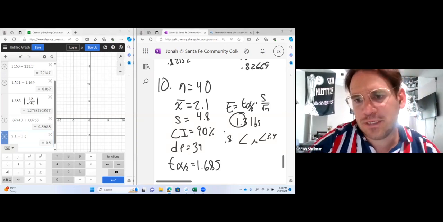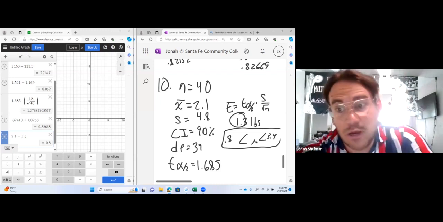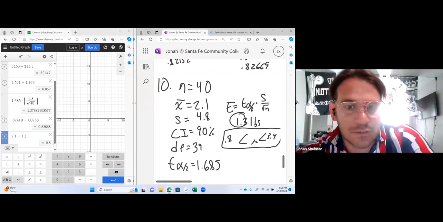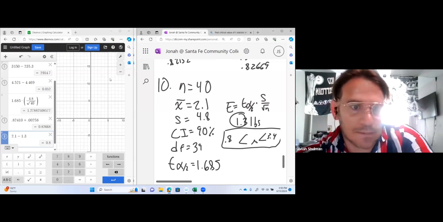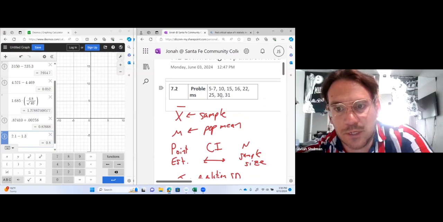We're 90% sure you're going to lose between a pound and 3 pounds. I don't know how practical that is. So I don't think that's practical. So that's going to be my answer for number 10. I think that's the answer. That's our confidence interval. We're 90% sure, but that is not the value we're looking for. I mean, you want to be losing more than 1 pound, 1 to 3 pounds.